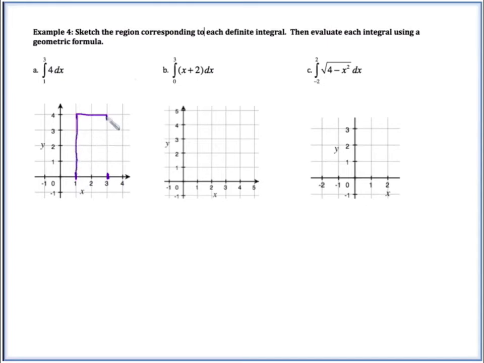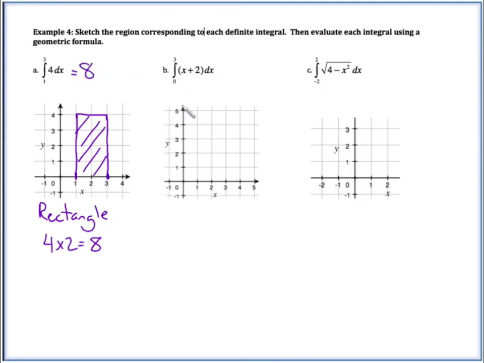So you can evaluate this definite integral by finding this area, and we can use geometric formulas to do this. And this is a rectangle. It's just going to be 4 times 2. And so this area is 8, meaning this definite integral is 8.